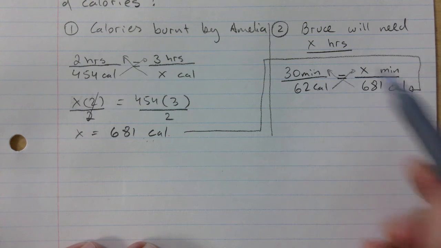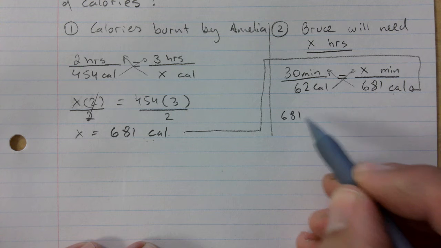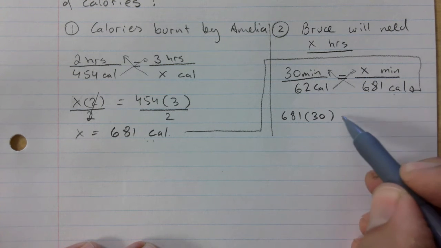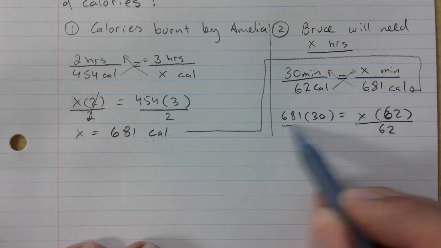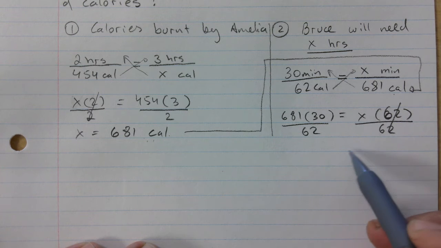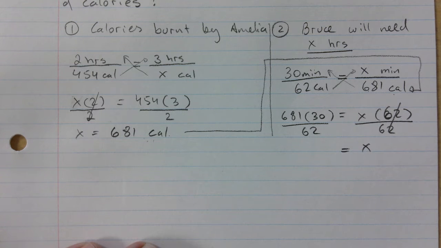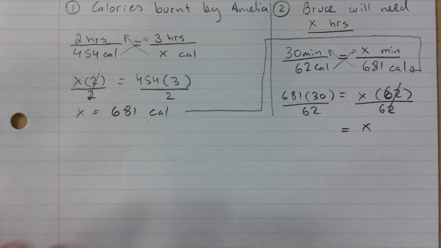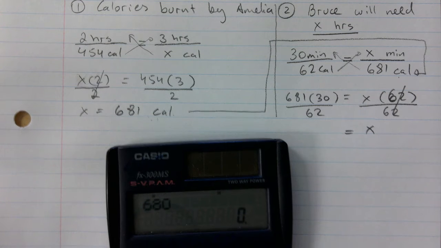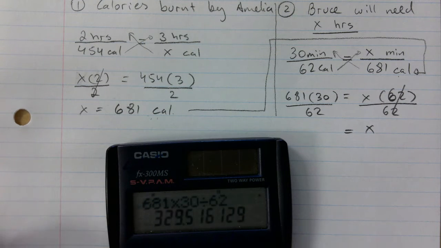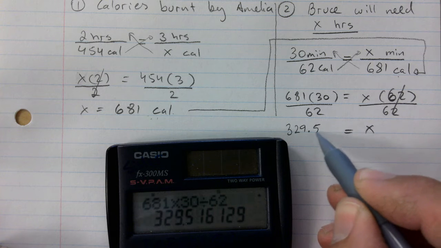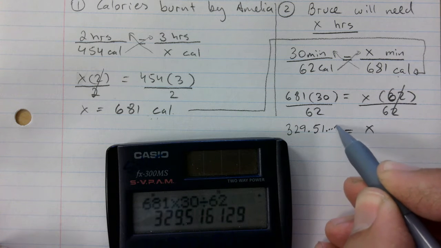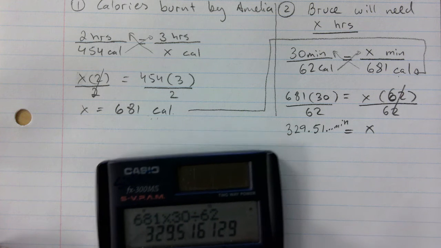So you cross multiply: 681 times 30, and on the other side, you have x times 62. Divide both sides by 62 and cancel. You have to be comfortable with the variable being on the right side. We're always used to it being on the left side, but it really doesn't matter. So 681 times 30 divided by 62 is 329.51 minutes.